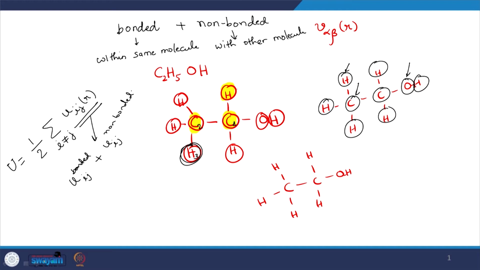Now, what does this bonded part consist of and what should the bonded part do? First of all, each of these bonds, if you look at quantum mechanically, will have a very strong overlap of electron clouds. So, there should be a very strong interaction between the bonded pair of atoms, like HC1. It's a covalent bond, a strong interaction, right.